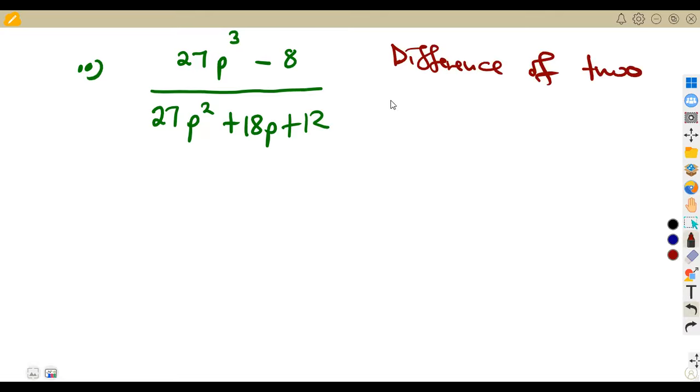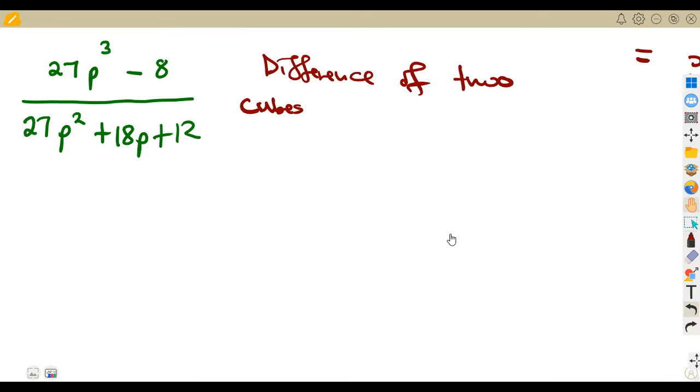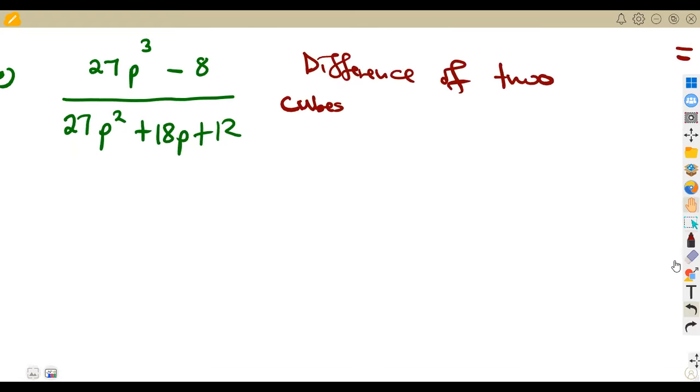We talked about this type of factorization that can happen if we have 2 cubes. Remember, let's say for the first term and the last term, the first term is x to the exponent of 3, and we've got y to the exponent of 3.